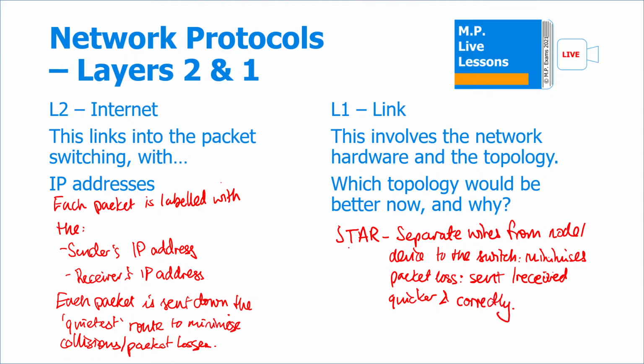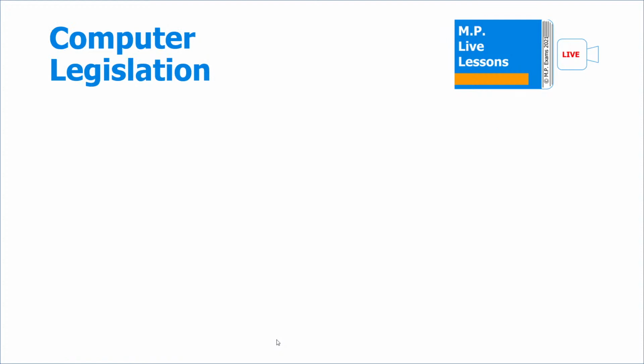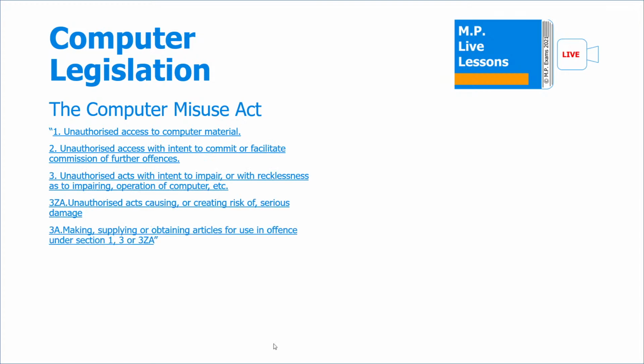Now, the last section of tonight is the ethical issues. So you need to know about some computer legislation. The first is the Computer Misuse Act, and here are a few clauses which I copied from the government website. The first says unauthorized access to computer material, so that means access to things you shouldn't have.